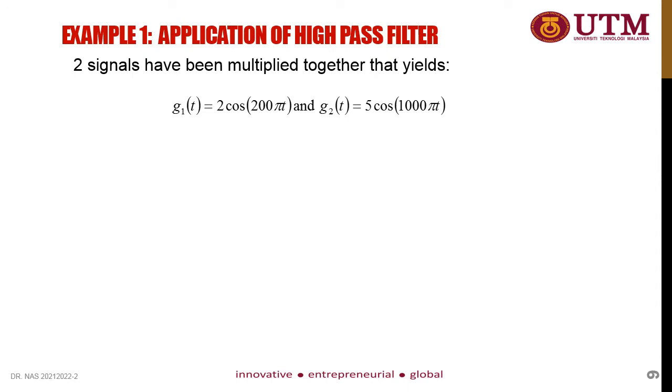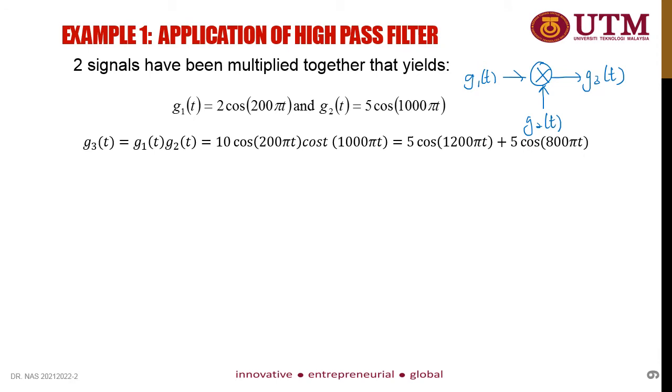Okay, let's look at the example on application of high pass filter. Okay, given two signals that are being multiplied together, so you have two input signals G1 and G2. So in this case, for example, G1(t) is being multiplied with G2(t), and the output is G3(t).